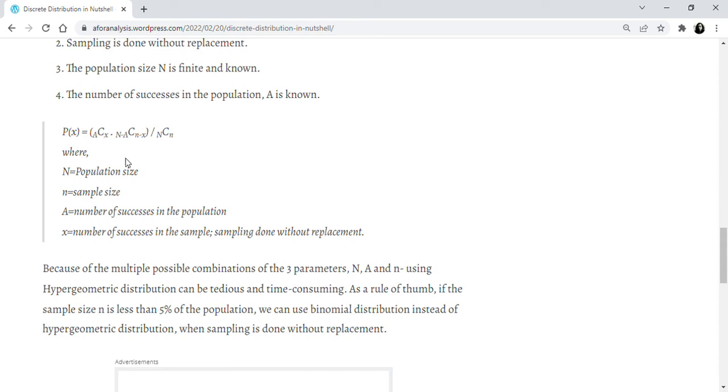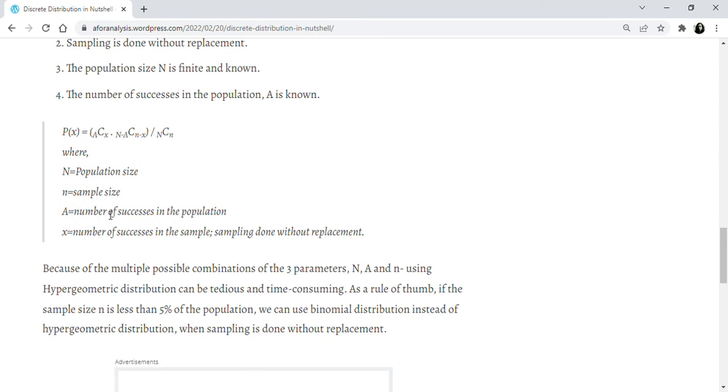So in the numerator we have how many ways we can select x out of A. A is the number of successes in the population.